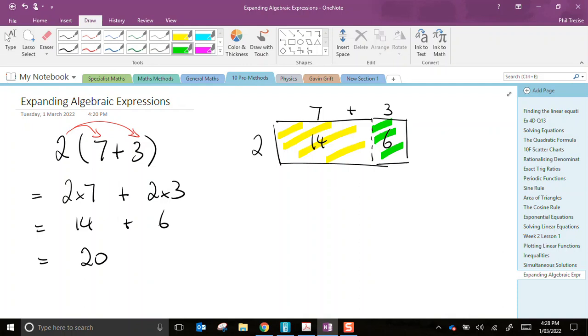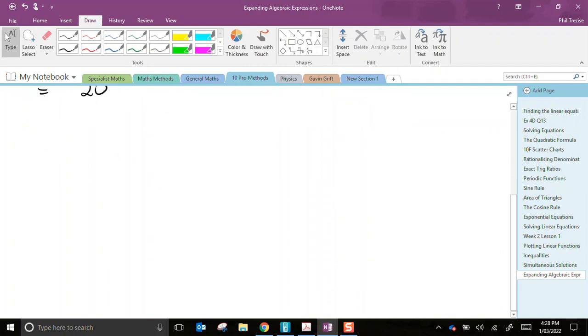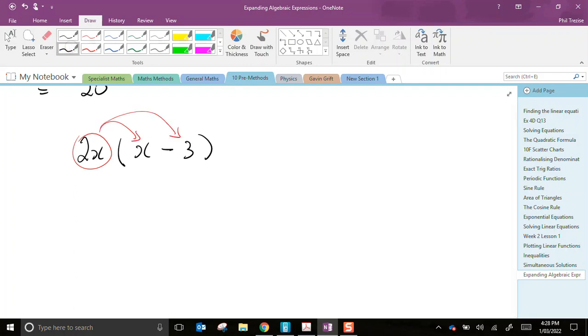Now that's using numbers. We can do exactly the same process with pronumerals. Let me show you one. Perhaps we have 2x multiplied by x minus 3. So we use the distributive law. So all of this multiplies by x, and all of it multiplies by 3, and there'll be a subtraction sign in between.